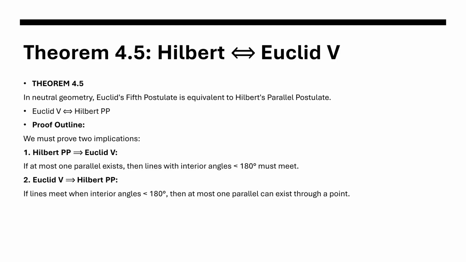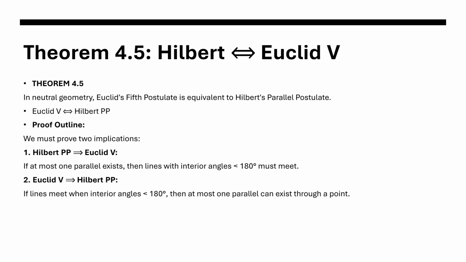For number one, Hilbert's parallel postulate implies Euclid's fifth postulate. We have to assume Hilbert's parallel postulate, so at most one parallel, and then we can prove Euclid's fifth: if interior angles are less than 180 degrees, lines meet.